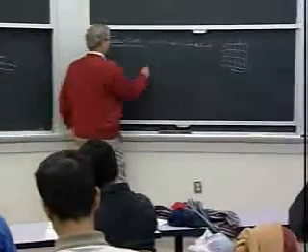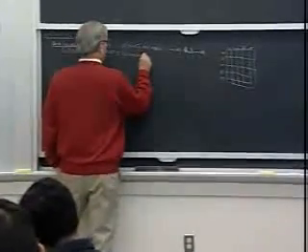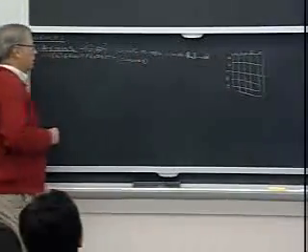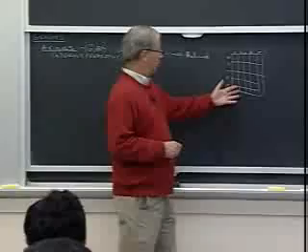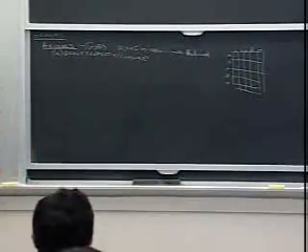Okay, group property, also called closure, is the obvious one. What's an elementary condition on what all these sums have to be for this to be a group? They have to be elements of the group.